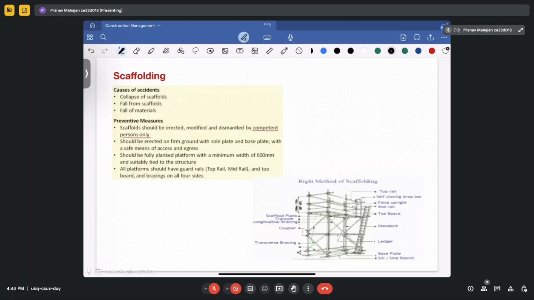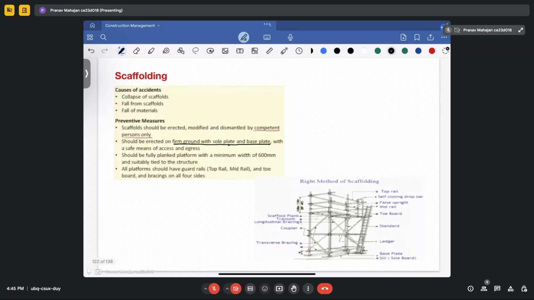Scaffolds should be erected, modified, and dismantled by competent persons. So skilled persons should be involved to carry out such activities, and the scaffolding should be erected on firm ground with a sole plate and base plate, with a safe means of access and egress.